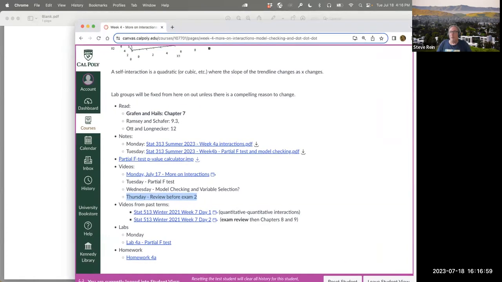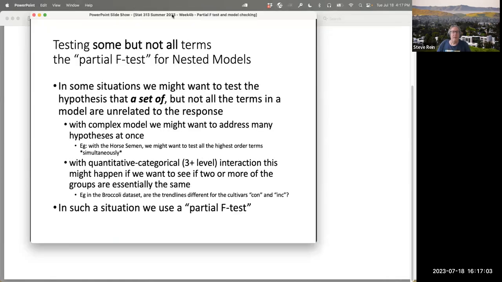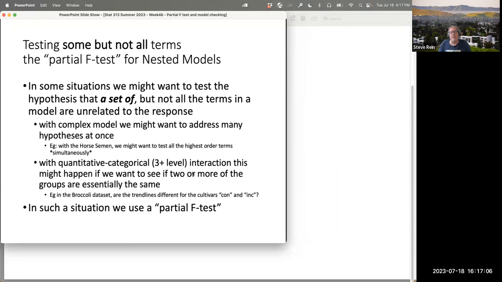Okay, so let me move this off to the side and get into this thing called the partial F test. Essentially, a partial F test is a situation where you're saying to yourself, I fit a complex model.